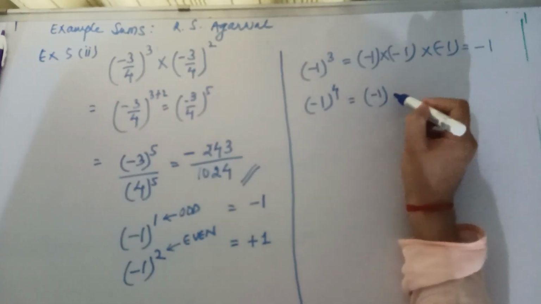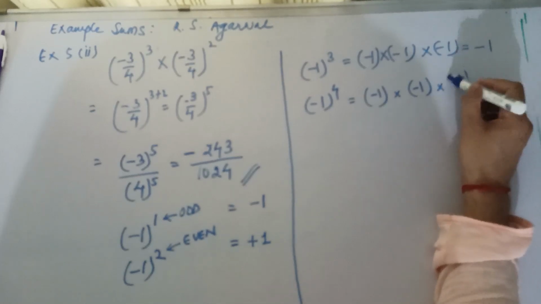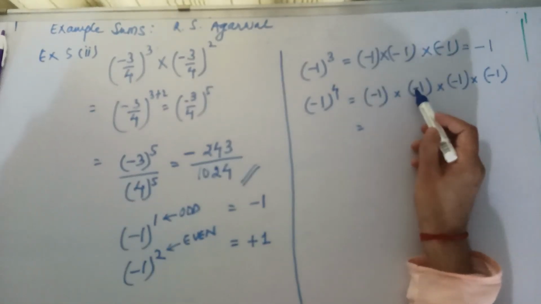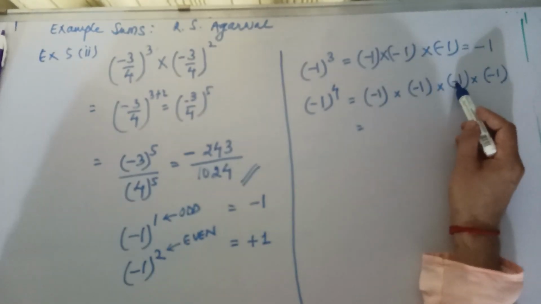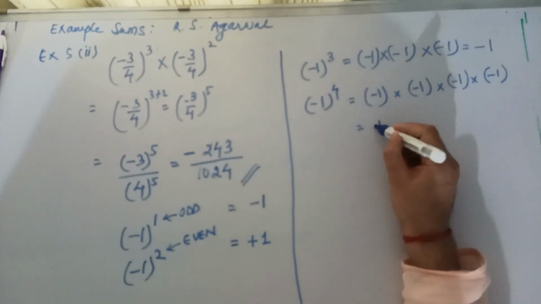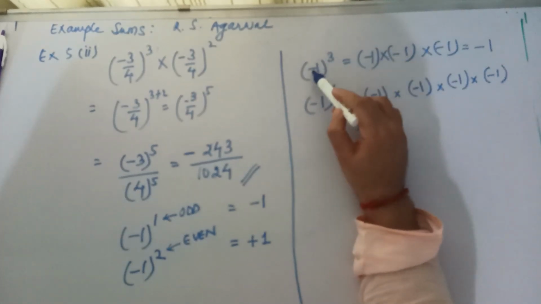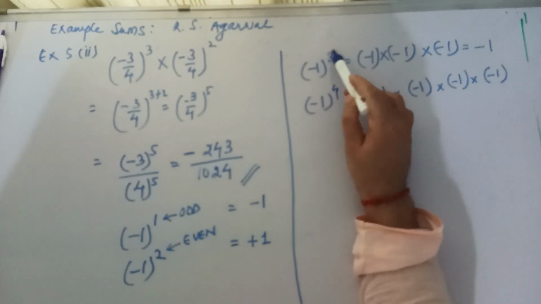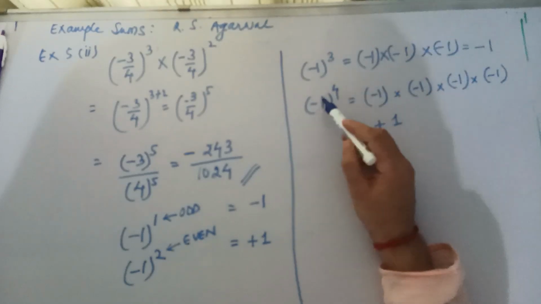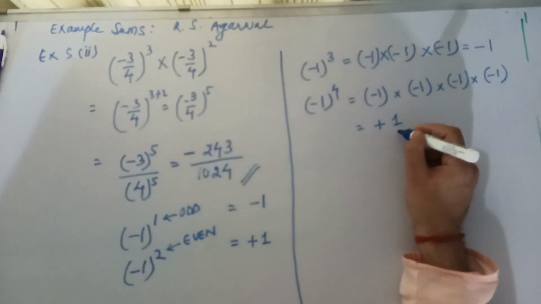Here -1 into -1 into -1 into -1. Minus into minus is plus, plus into minus is minus, and minus into minus is plus. So we are getting the answer as positive. So whenever we have a negative base and an odd power, the final answer will be negative, and whenever we have a negative base and even power, the final answer will be positive.